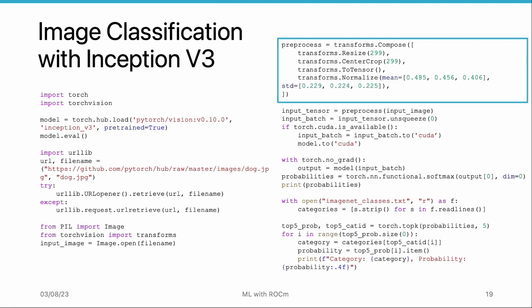Next, we apply transforms.CenterCrop, which performs a center crop on the image. By extracting a square region of size 299 by 299 pixels from the center of the image, we maintain the aspect ratio and focus on the main subject of the image. Following that, we apply transforms.ToTensor to convert the image into a PyTorch tensor. PyTorch tensors are fundamental data structures used for representing and manipulating data in PyTorch.